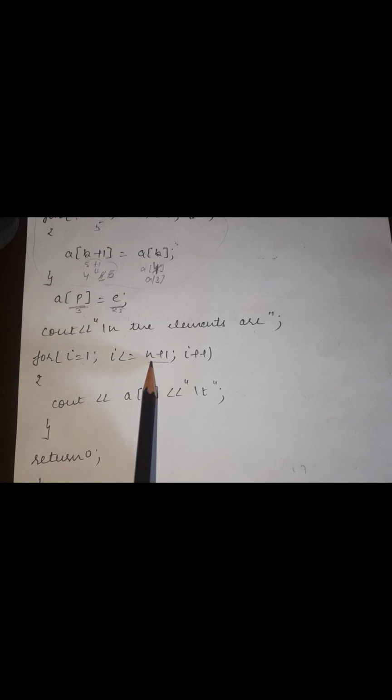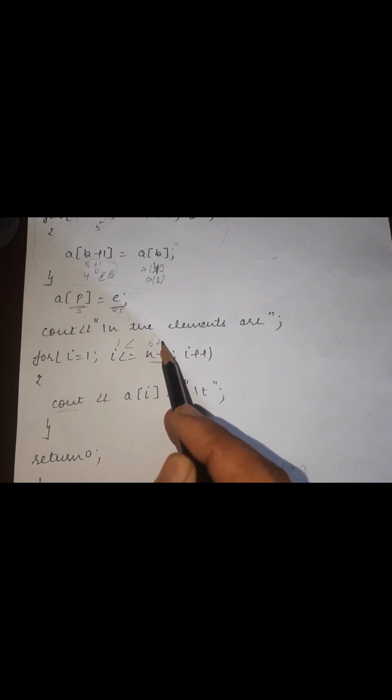So I write here n plus 1 and I plus plus for increment. For displaying the value, I use the cout object, cout a of I. Initially I has a value 1. 1 less than n plus 1, n has a value 5, 5 plus 1 becomes 6, 1 less than 6, condition true.